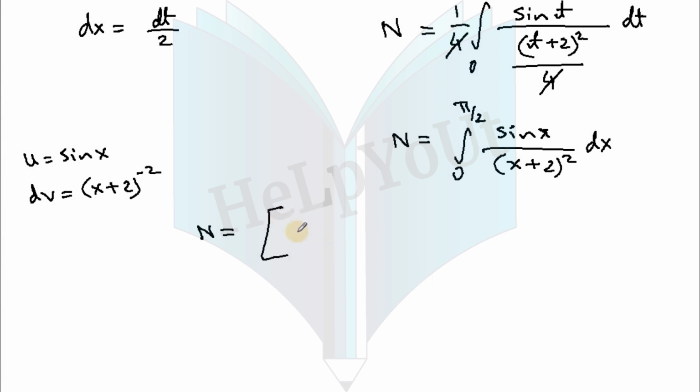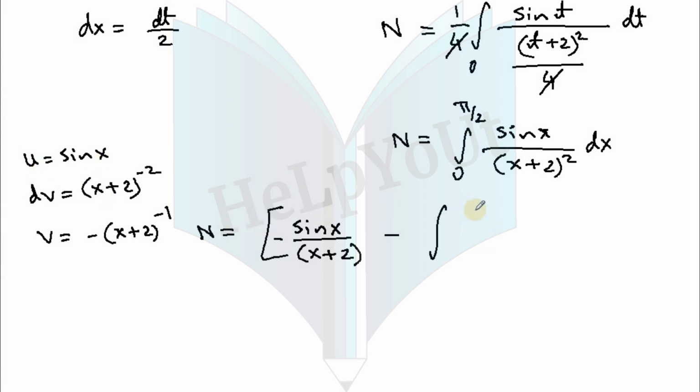I'm going to write it this way. So using by parts, we have to write uv. uv will become sin x times v, and v is the integration of this thing, that is minus x plus 2 to the power minus 1. That I can write here like this. Again minus integration of v du, so we have to differentiate u.